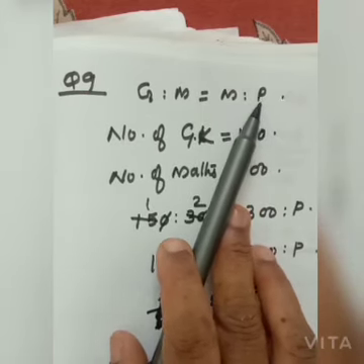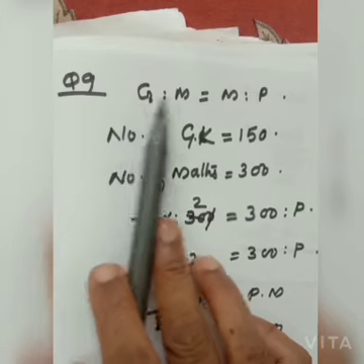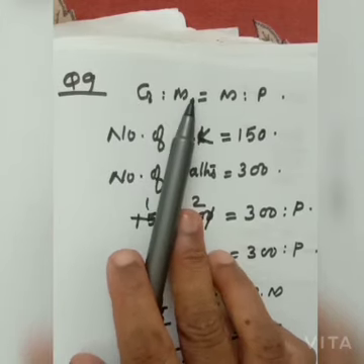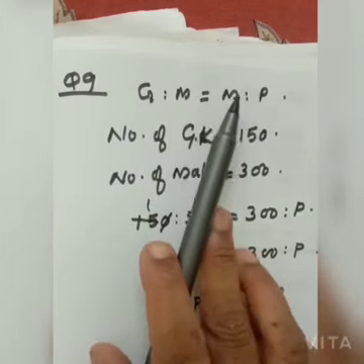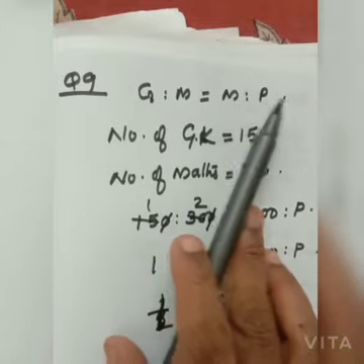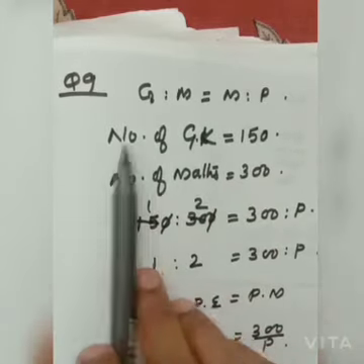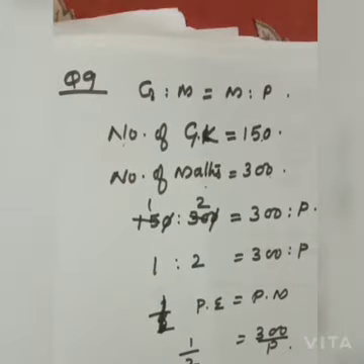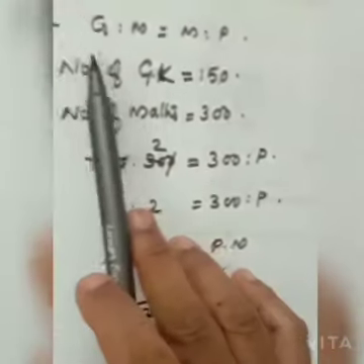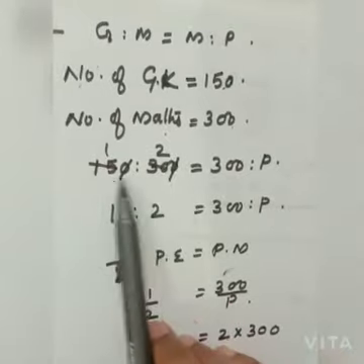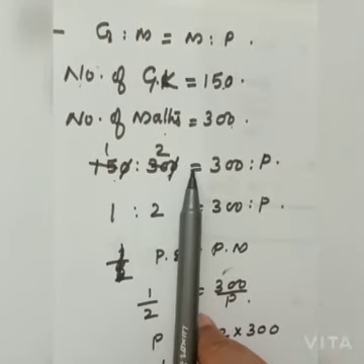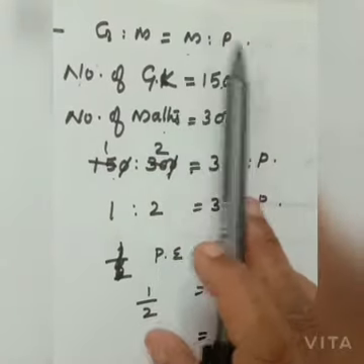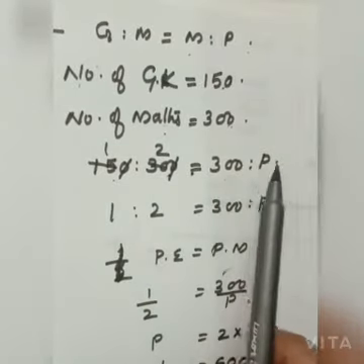Okay, general knowledge ratio of mathematics, how much that will be same as mathematics ratio of physics. GK books how much? 150, and mathematics books how much? 300. Okay, in place of GK and mathematics I put 150 and 300. The same ratio will be maths and physics. Maths how much? 300 and physics.